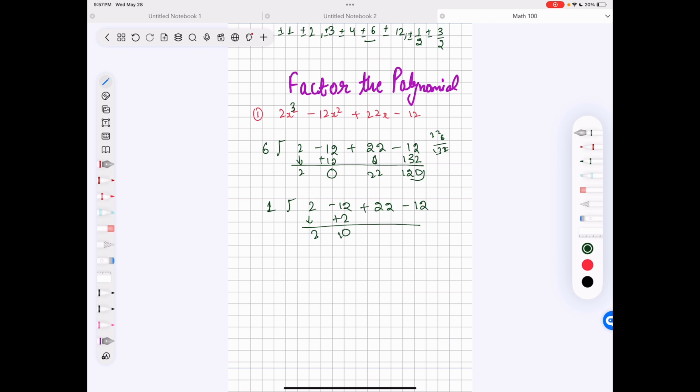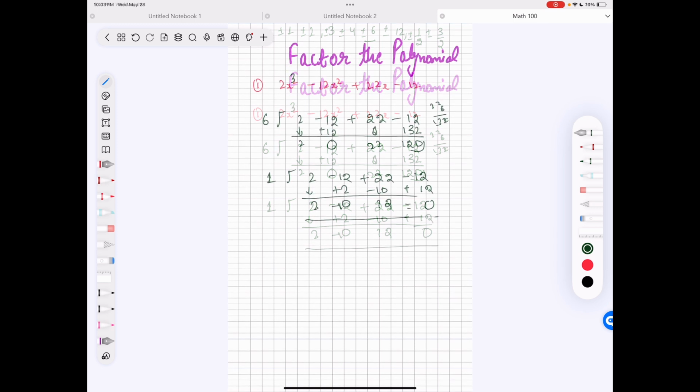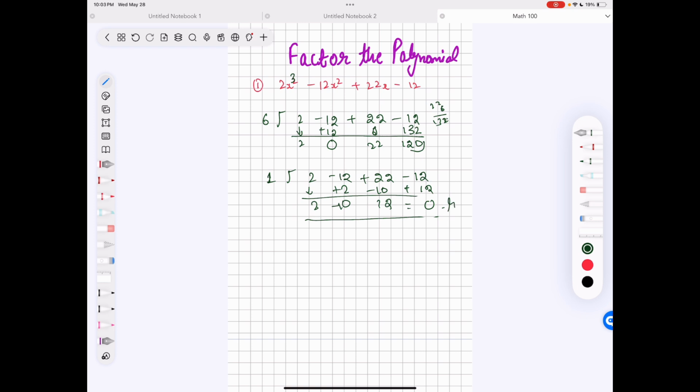And then if we add that, we will get 12. And then if we multiply 1 into 12, we will get positive 12, and that would work. Wow. Our remainder equals 0.